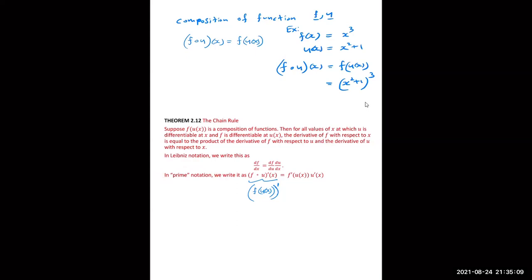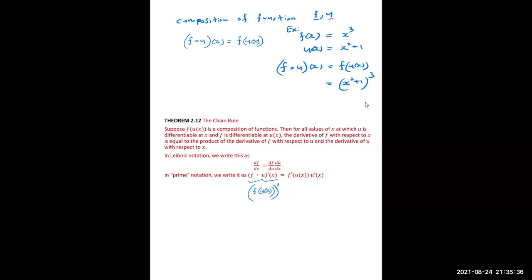We write the derivative of the composition of f and u in this notation, f composition u prime of x. That means the derivative of f of u of x. You can also write it this way. You put a prime here to indicate that you take the derivative of this inside thing, that is f of u of x, which is nothing but the composition of f and u.